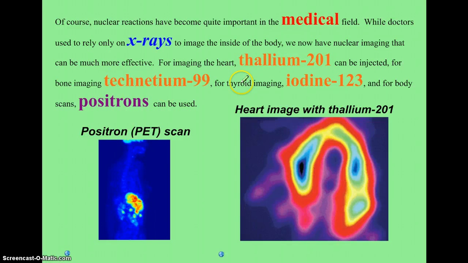But nowadays, all of these different imaging radioisotopes we can use, even barium too, that you can swallow, whether it be injected or swallowed. It's fascinating, the images that we can see, and like the capillaries in your circulatory system or the neurons firing in your brain. Here's an example of a PET scan.